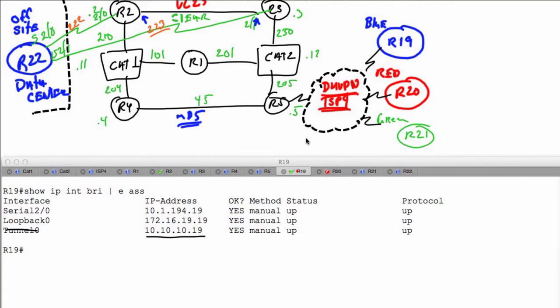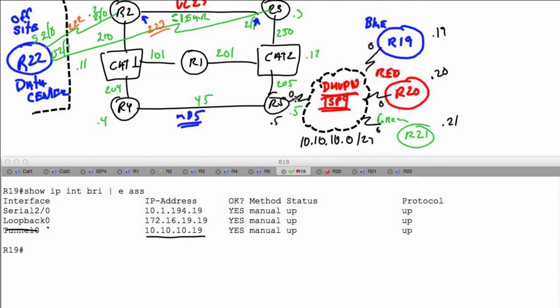So the network that I'm working with here in my drawing is going to be 10.10.10.0/24, where this is going to be .21, this will be .20, this will be .19, and again this one will be .5. Now notice we're using tunnel interfaces. So I have tunnel 0. So these are going to be the tunnels that I'm using to create my DMVPN.